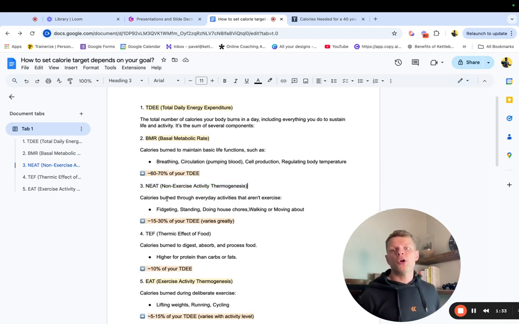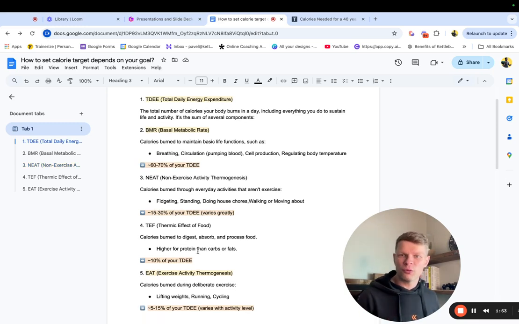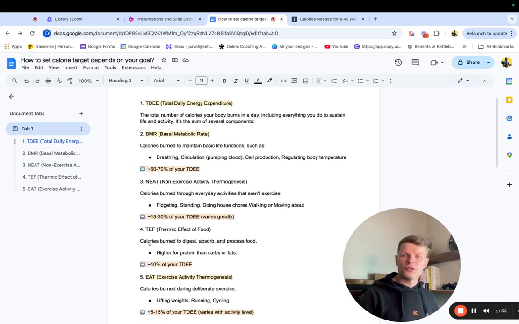That's calories burned through the day, not exercise, but simply fidgeting, blinking, standing, doing some house chores. Things like that will burn a fair amount, and about 15 to 30% of your calories are used for that.